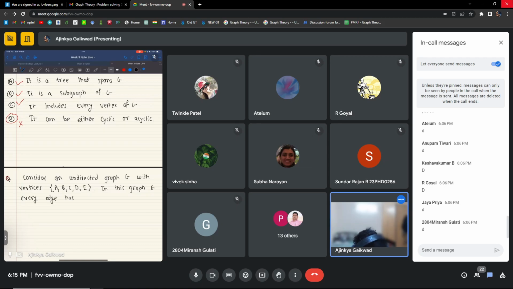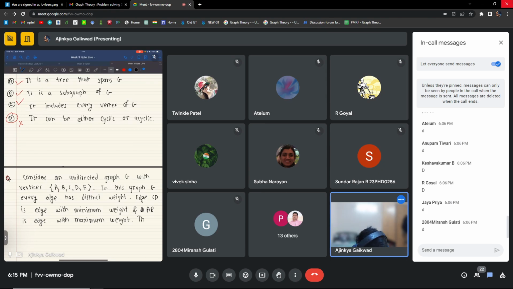Edge CD is the edge with minimum weight and edge AB is the edge with maximum weight. Then which of the following are true?